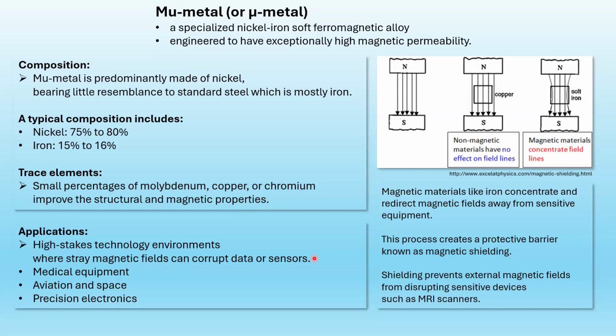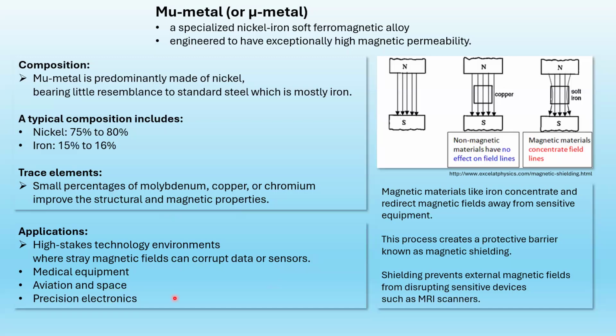There is a ferric type of shield around the coaxial cable, which prevents electromagnetic interference from getting through to the signal. All right, medical equipment, that's also shielding, aviation or space, and with some precision electronics, all these here, they're talking about shielding.